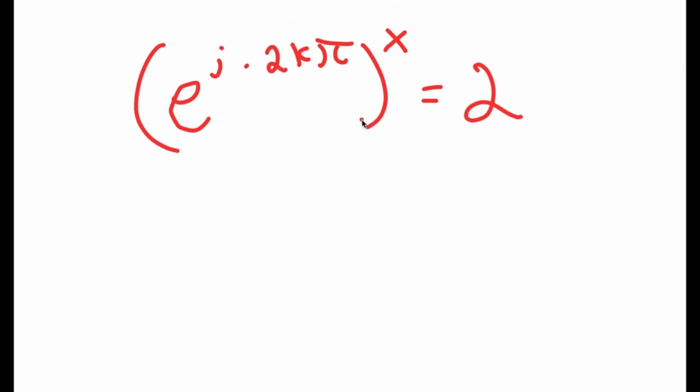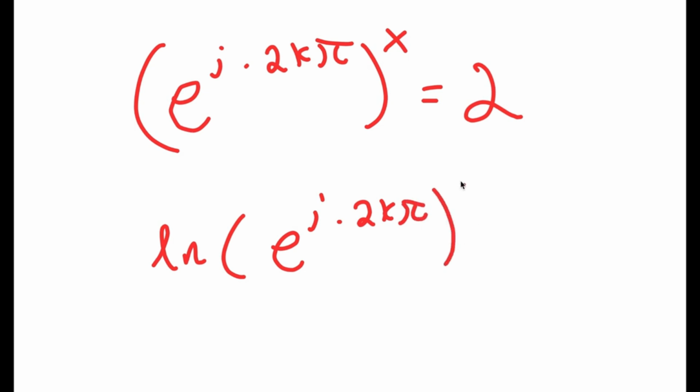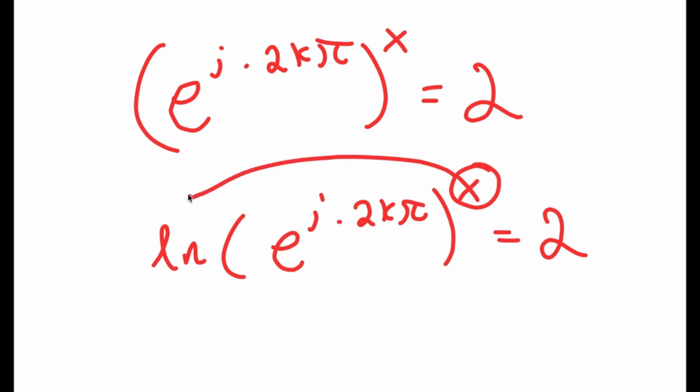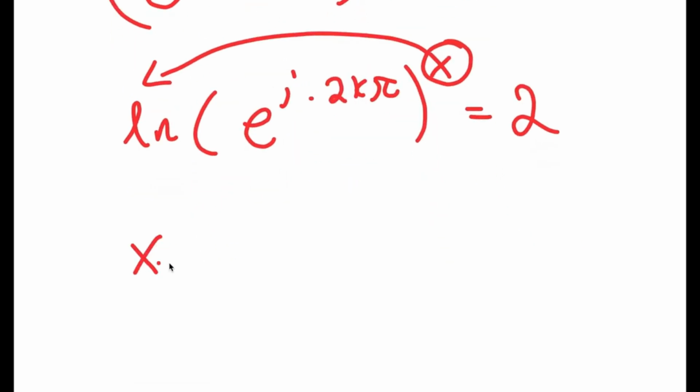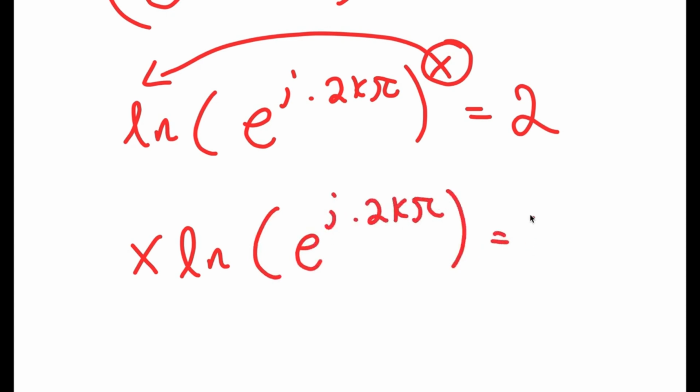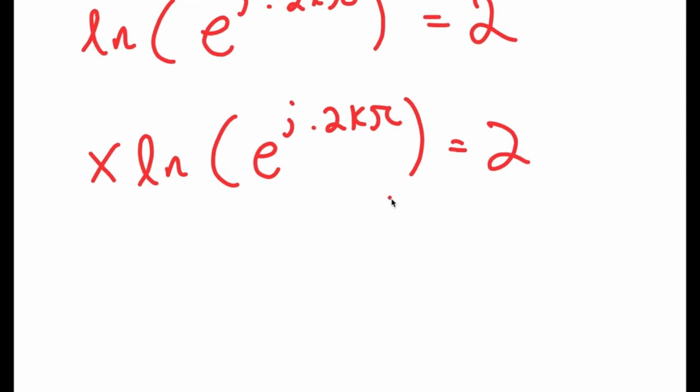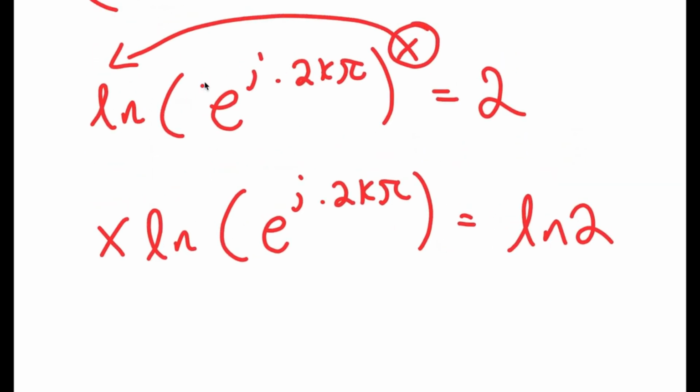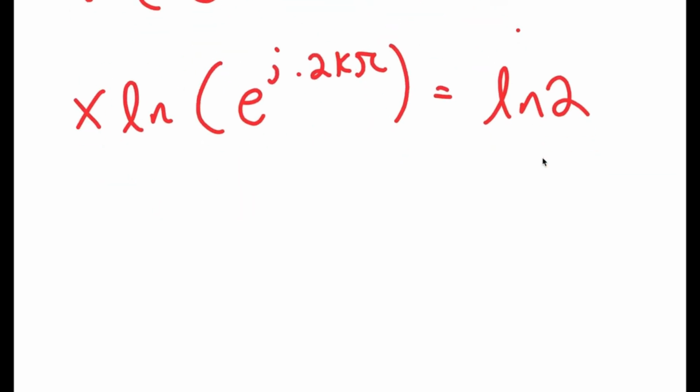And now with this, I'm going to take the ln or natural log on both sides. So I have ln of e to the power of i times 2k pi, all to the power of x, is equal to ln of 2. I'm going to now bring this x down using a property of natural logarithms. So I get x times ln e to the power of i times 2k pi is equal to ln of 2, because if you take ln on one side, you have to do the other side.